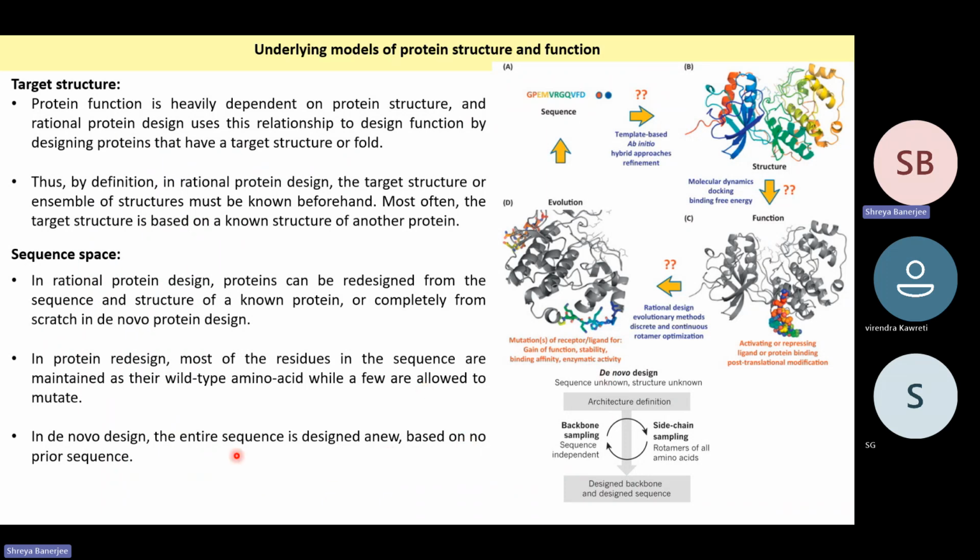One by one, the amino acid sequence is designed based on predicted structure. So de novo design takes a very long time. Comparatively, protein redesign is where most of the residues are maintained as the wild type and a few are allowed to mutate. So either we start from a known protein and by site-directed mutagenesis, that is protein redesign, the new protein can be synthesized, or by de novo design, which is designing the entire sequence from scratch.